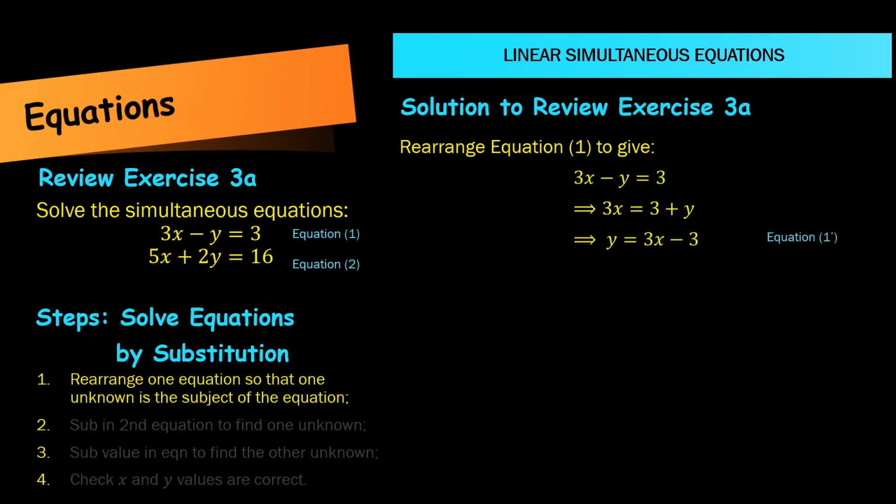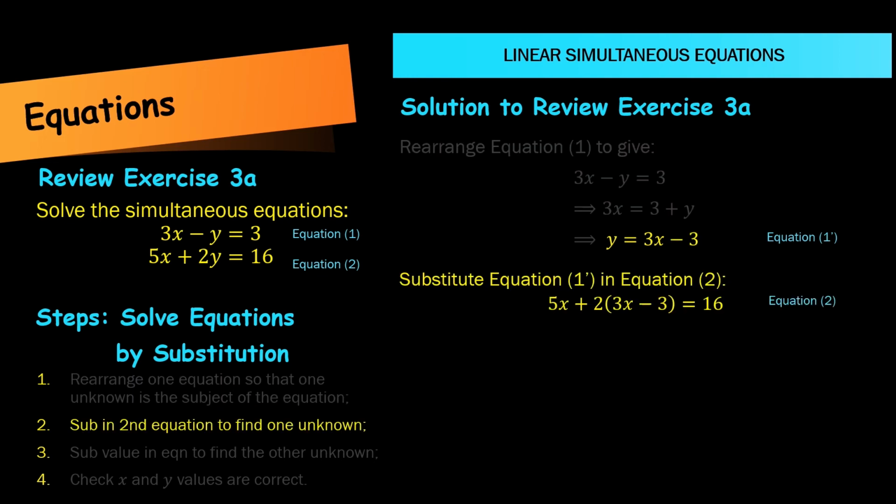So therefore, of course, y equals 3x minus 3. Here we've simply taken 3 from both sides. Now substitute equation 1 dash, which is y equals 3x minus 3, into equation 2.